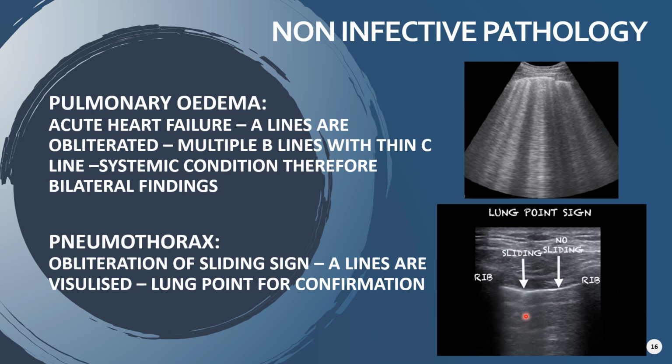You see the A lines, which you can see in this image here, but you really need to find a lung point for confirmation. And a lung point is actually this point at which you have the normal sliding lung meeting that air within the pleura that doesn't slide, to differentiate or confirm it to be a pneumothorax.